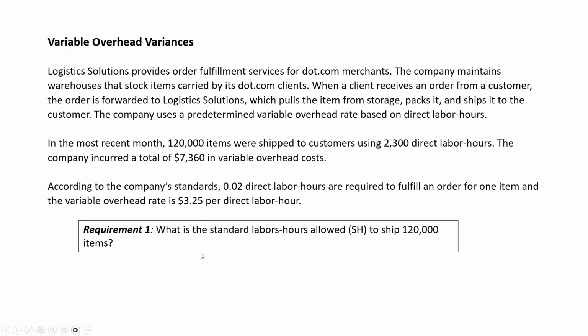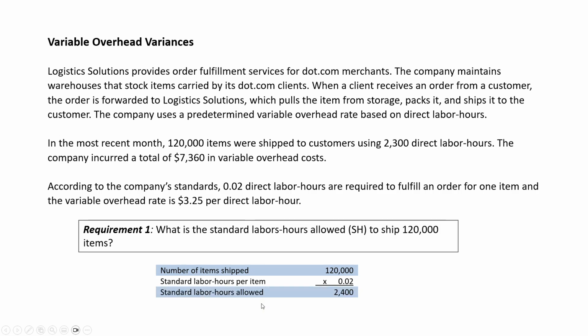Similar to my materials and labors, our starting point before we jump into the quantity and price variance for variable overhead is going back to our spending variance from our past chapter. And to do that, we first need our flexible budget or standard cost allowed. So let's first figure out the standard number of hours we thought it took to ship the 120,000 items. 120,000 times 0.02 direct labor hours per item means we anticipated it would have taken 2,400 direct labor hours to ship those 120,000 items.